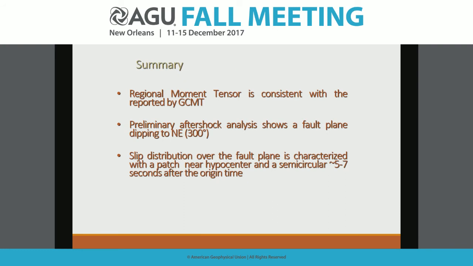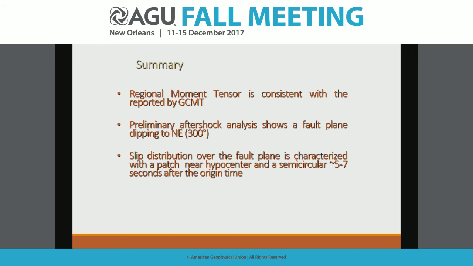So as a summary, we obtained the regional moment tensor, and it is consistent with the one reported by global CMT. I think an important conclusion of this work is that the preliminary aftershock analysis showed that the fault plane is the one which dips to the northeast direction.